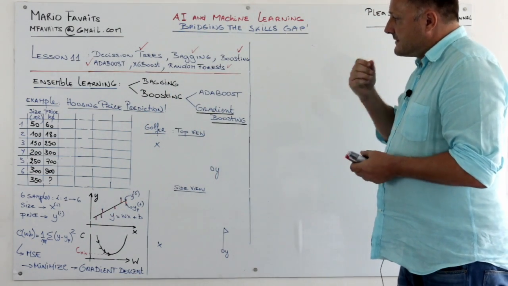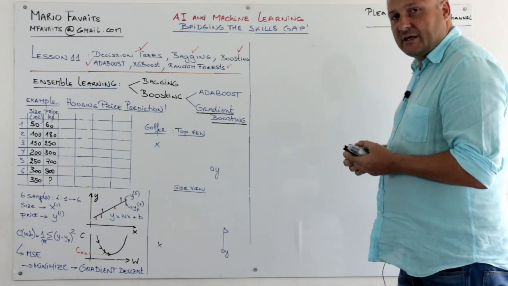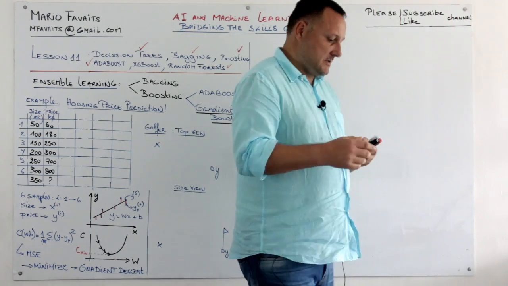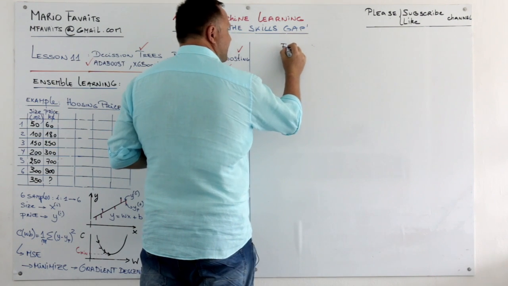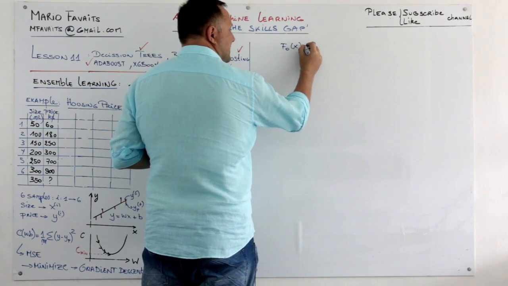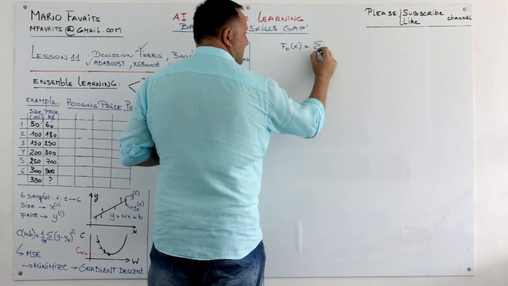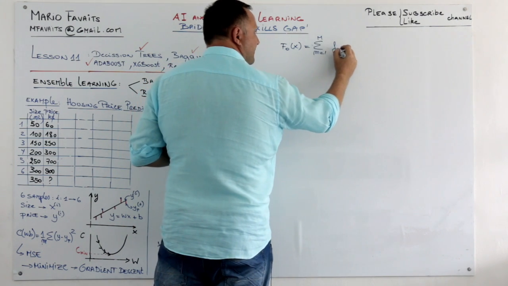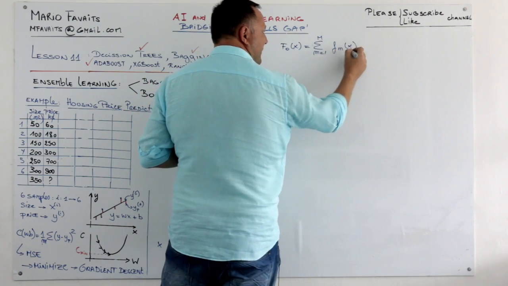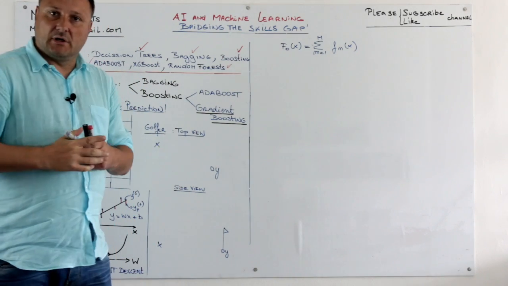Okay, so now let's see what gradient boosting is. And the last formula we saw was that F of x equals the sum of m equals 1 to M of fm of x. That was the formula.